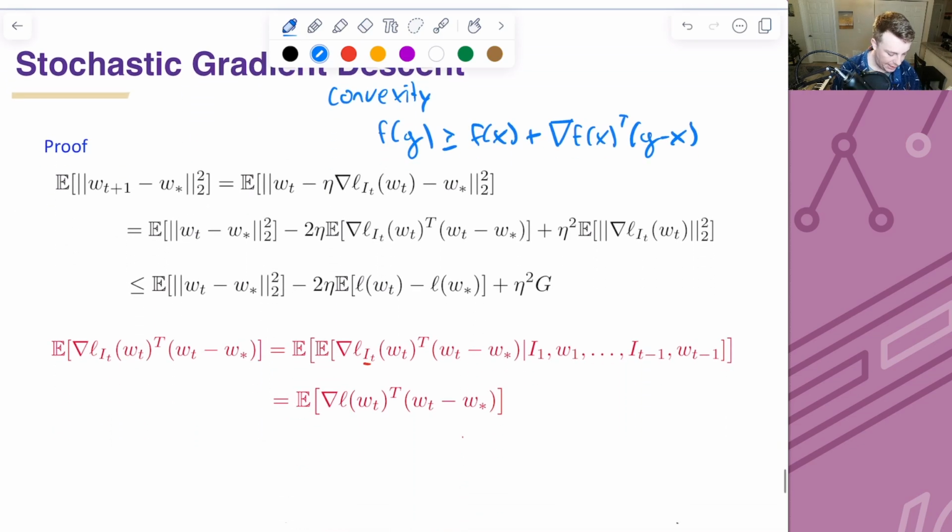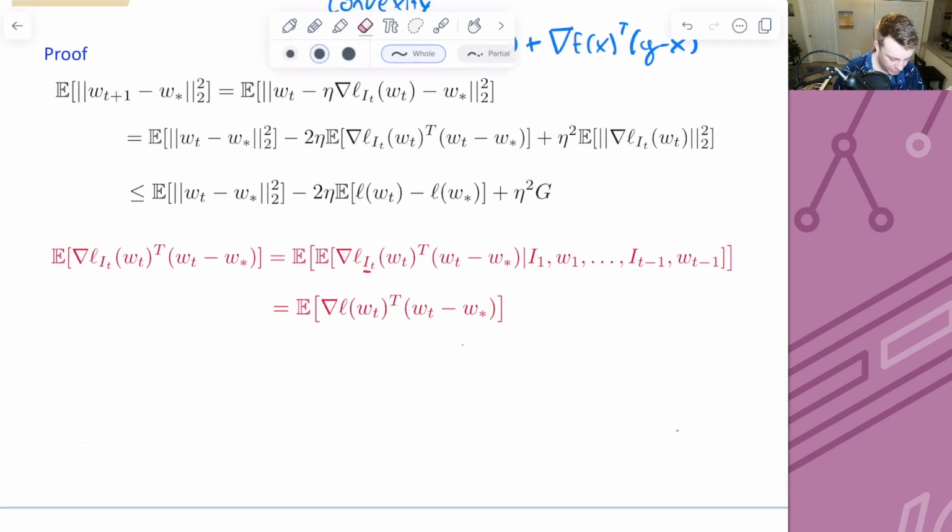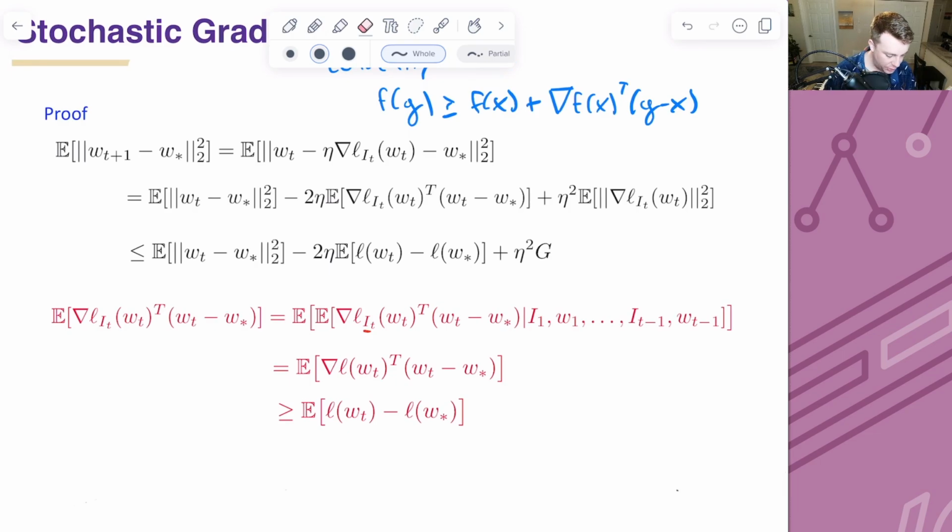So you can see here that my last term got erased. The second to last term up here is of this form, gradient times a distance. And that looks something like this. And so I could rearrange terms here to say f of y minus f of x is at most this kind of linear approximation of the function using that gradient as an approximator. So this is at most the difference of the losses between w_t and w star.